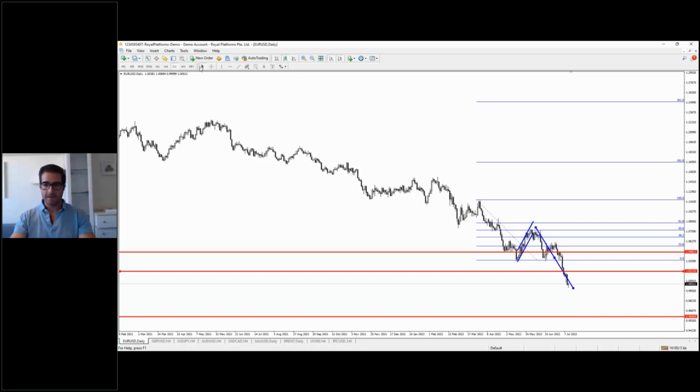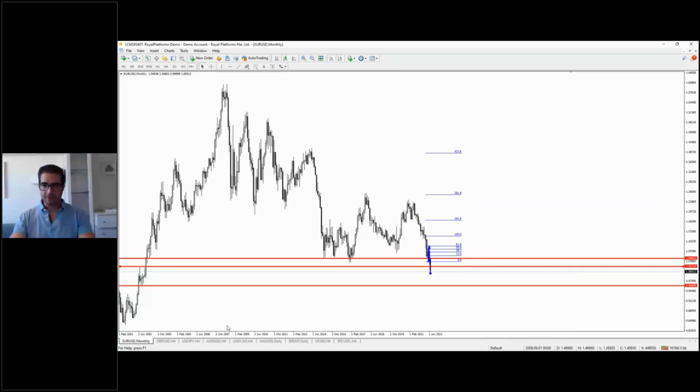Okay, so this low here, 1.02, was a high in 2002, so it was broken. This low here was broken, which was posted in 2016. So in summary, the Euro USD is shorted aggressively.